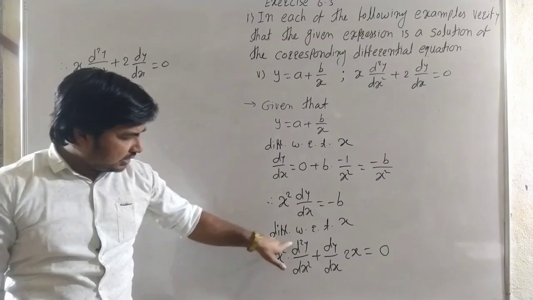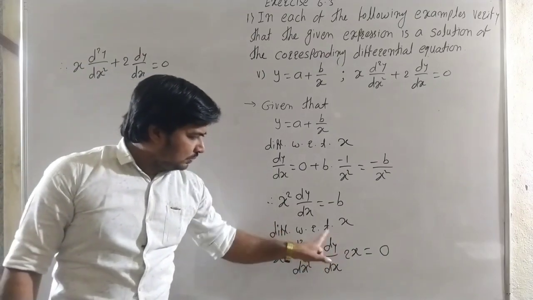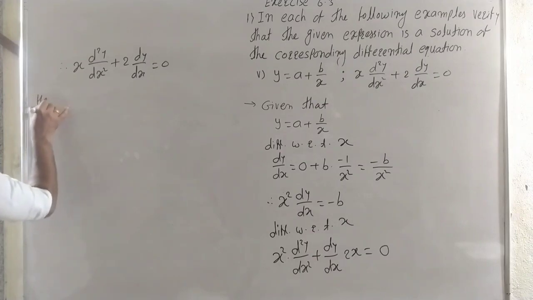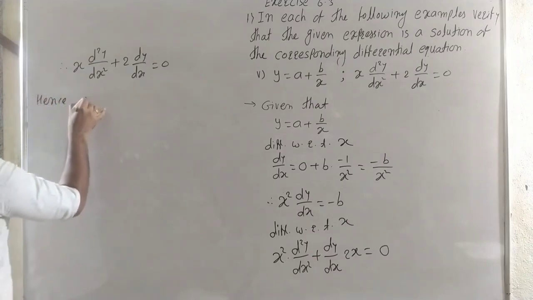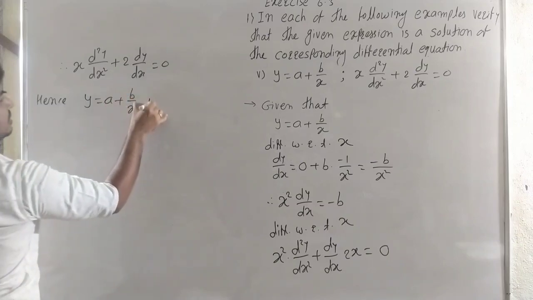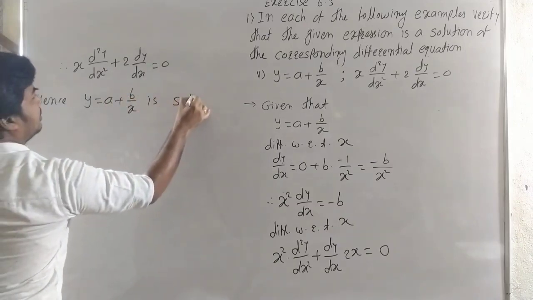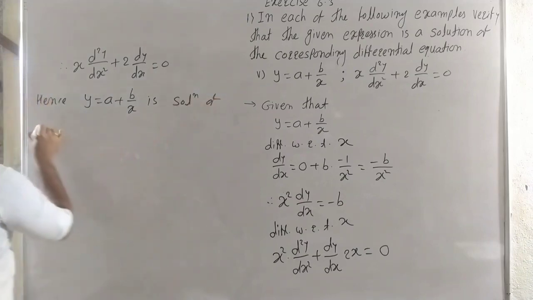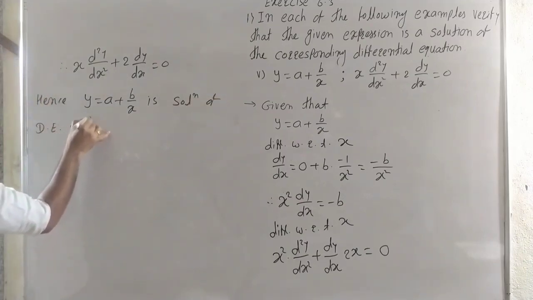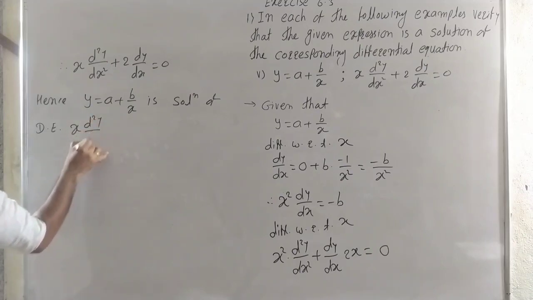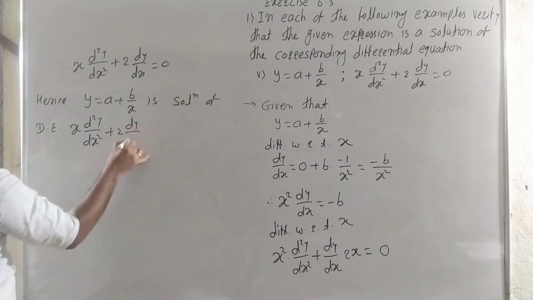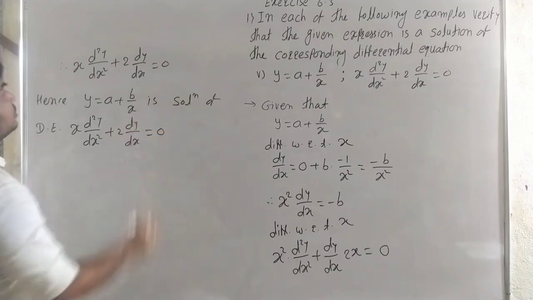Therefore x d2y by dx2 plus 2 dy by dx is equal to 0 is our differential equation, and hence y is equal to a plus b by x is a solution of the differential equation x d2y by dx2 plus 2 dy by dx is equal to 0.